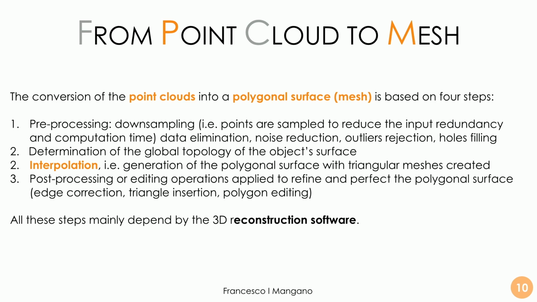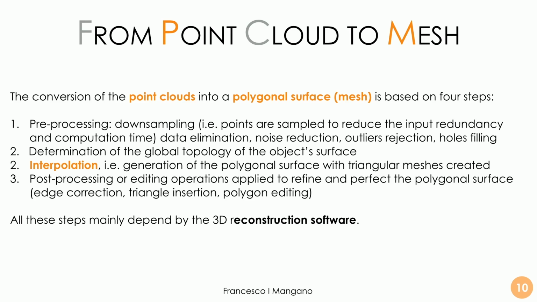Then there's the determination of the global topology of the object, which is also quite tricky, because we are talking about an object that the scanner doesn't know. Then we have the interpolation, and we generate a polygonal surface based on triangles.